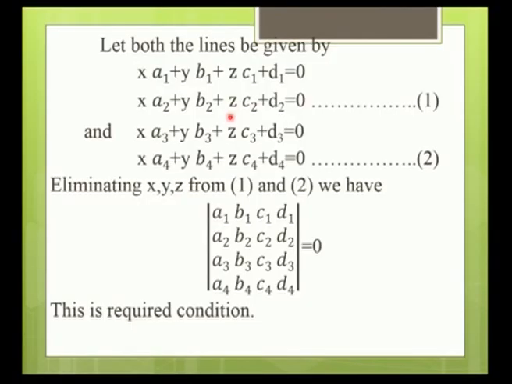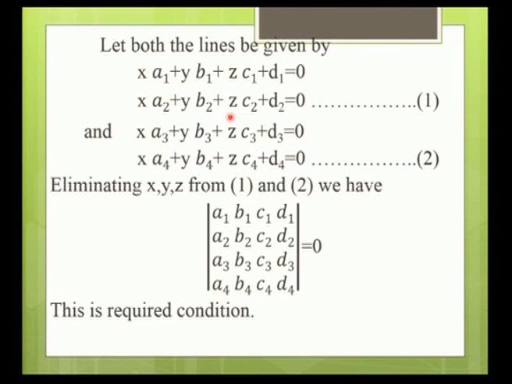When the lines intersect, we will get these equations as the equation of a line. We learnt in the earlier lectures that a line can be obtained from the intersection of two planes. Then we know the equation of a plane: any first degree equation in x, y, z is an equation of a plane.